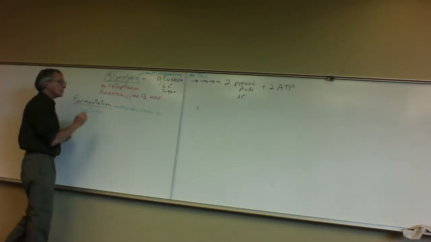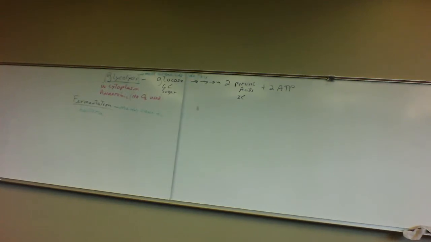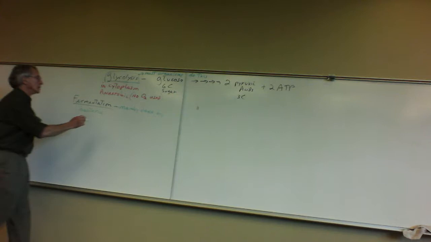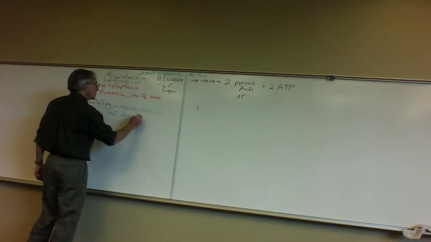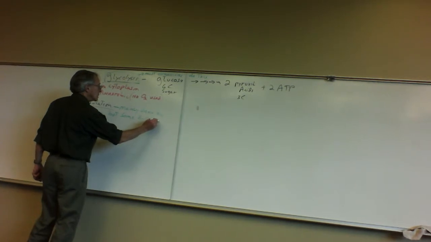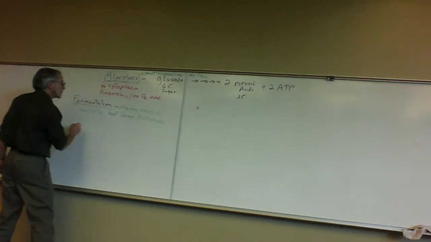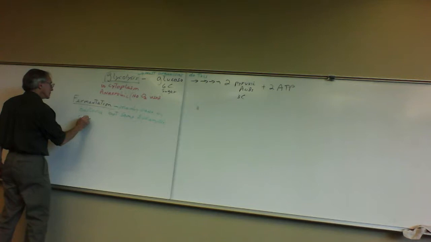What kind of organism are bacteria? In terms of two main cell types, prokaryotic cells. So this is mainly done by bacteria, but some eukaryotic cells can do it.